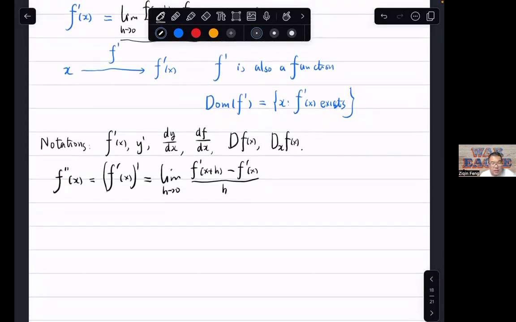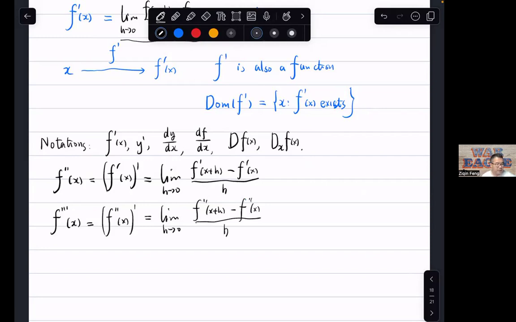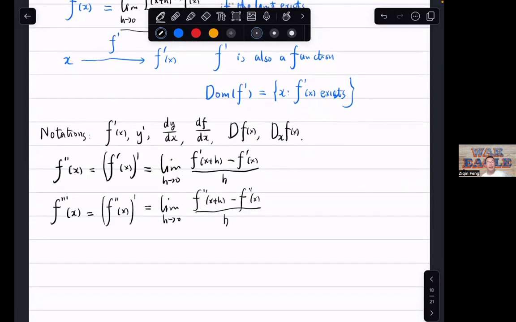And if you get the second derivative, you don't need to stop here. You can get the third derivative, which is the derivative of the second derivative. This is the same as the limit as h goes to 0 of f double prime of x plus h minus f double prime of x over h. You can do it again and again.